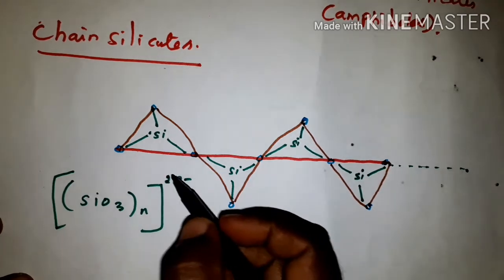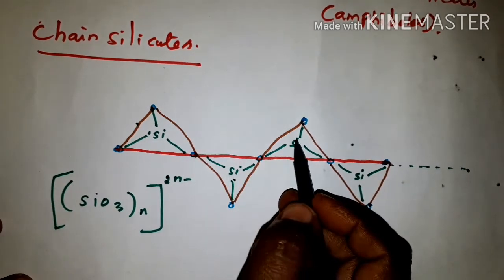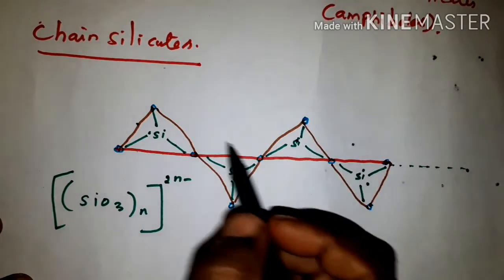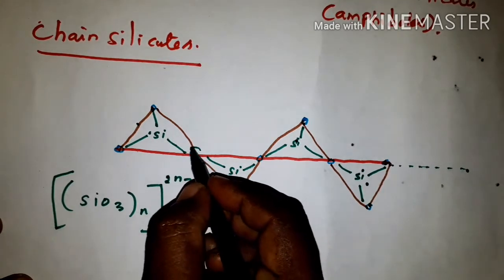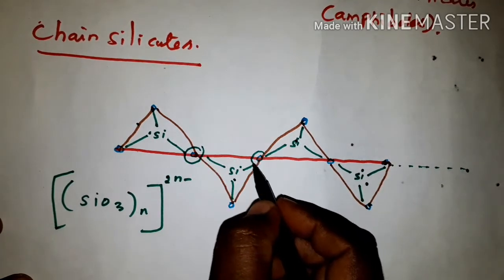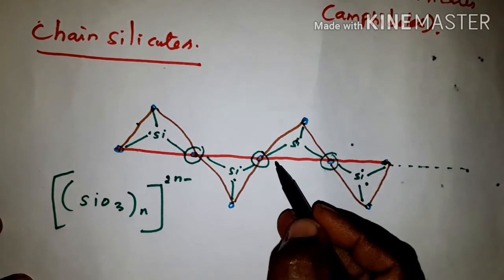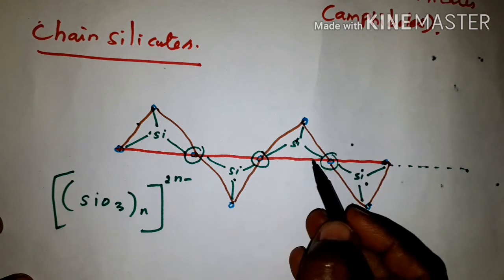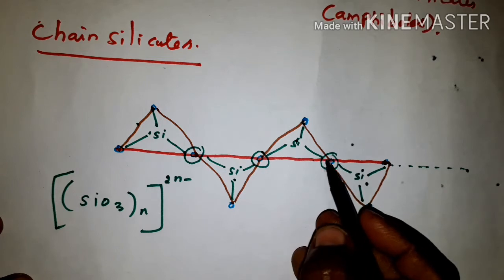Each silicate, this is one silicate, this is another silicate, this is another silicate. Each silicate shares 2 oxygen atoms. See, one oxygen atom is here, another oxygen atom is here. So each silicate SiO4 4 minus, that is the tetrahedral unit, contributes 2 oxygen atoms.